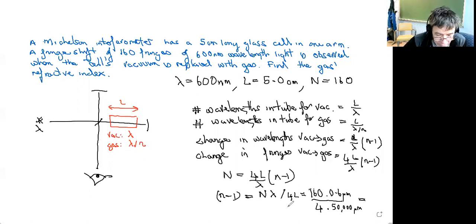And I've already worked out what this ratio is. I got a value that is 0.00048. And so that's the difference of the refractive index from 1.